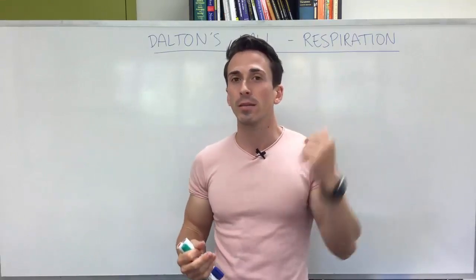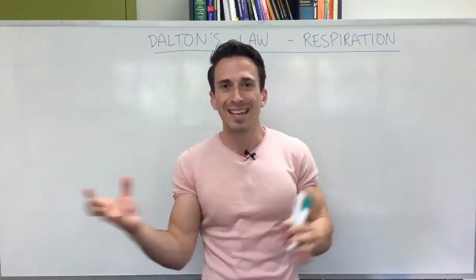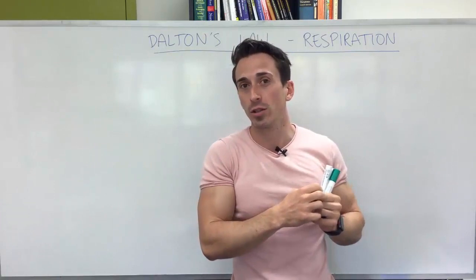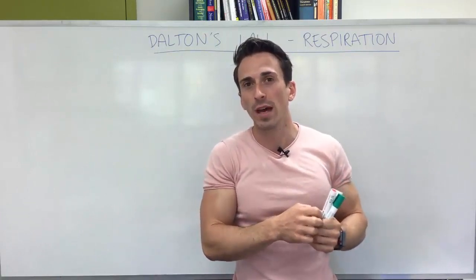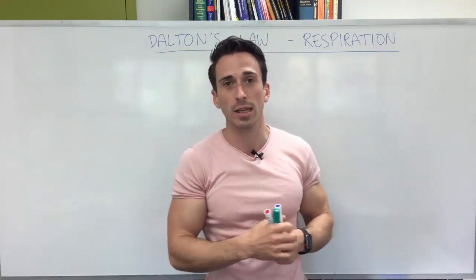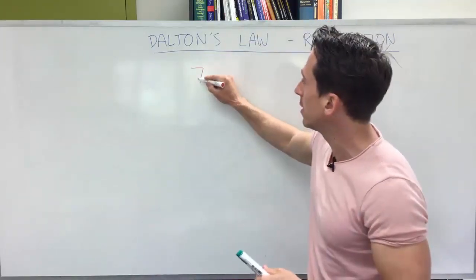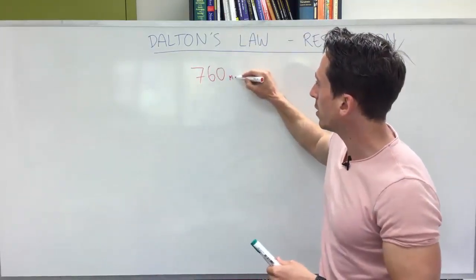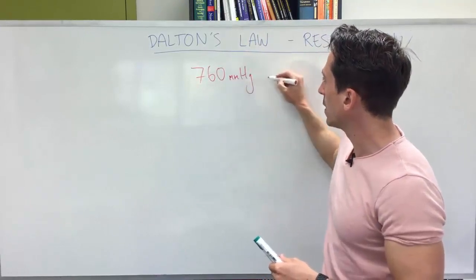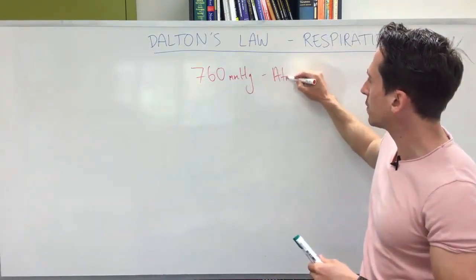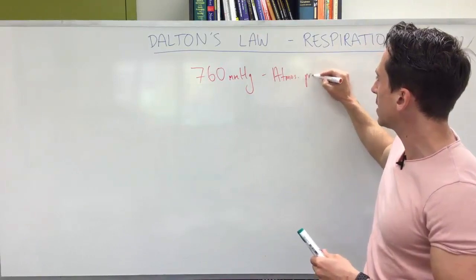So if you go down to the beach and you were to take a container and capture some of the air around you, you would find that the pressure of that air, probably surprisingly, is around about 760 millimeters of mercury. So like I said, this is called atmospheric pressure at sea level.